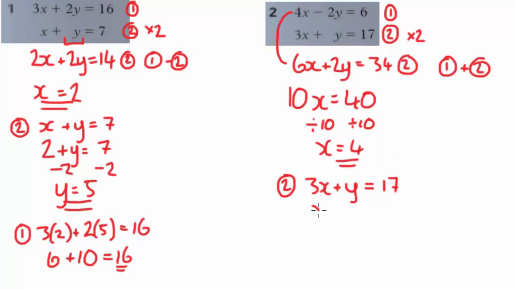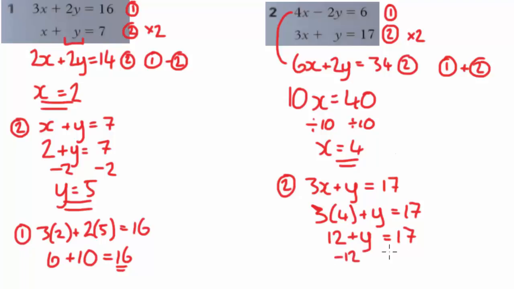So that's 3 times 4 plus y equals 17. So that's 12 plus y equals 17. Take 12 away from that side, take it away from that side. So that means y equals 5.